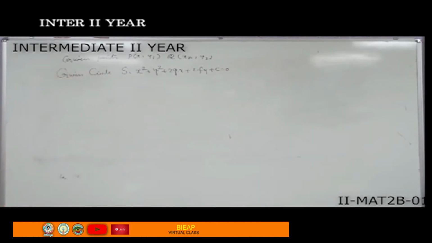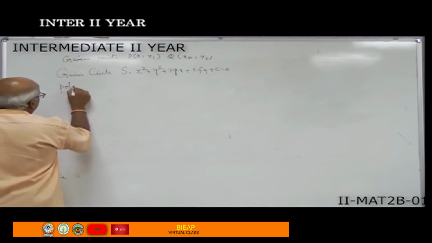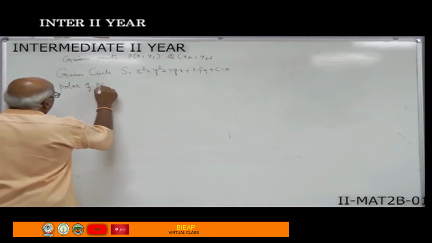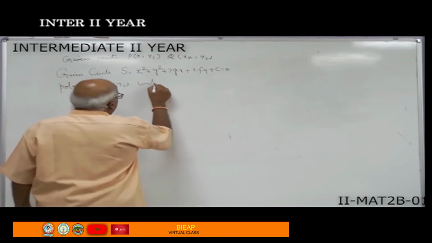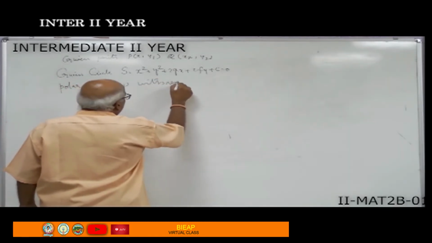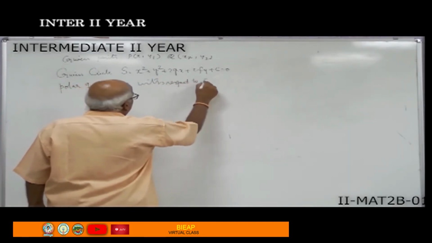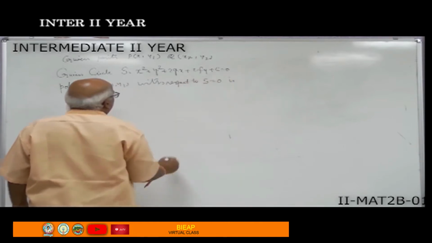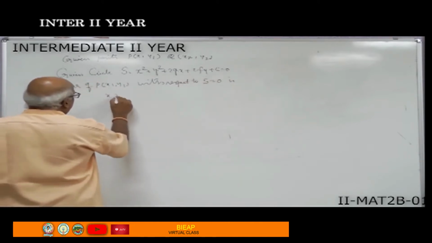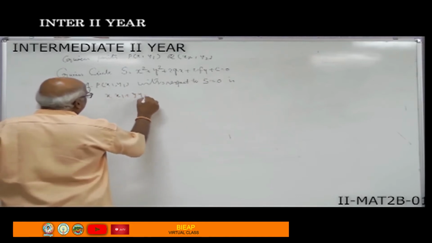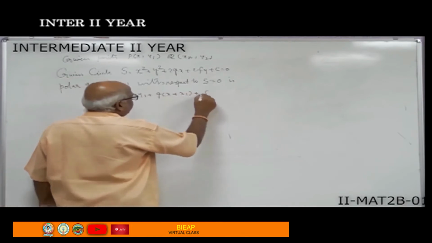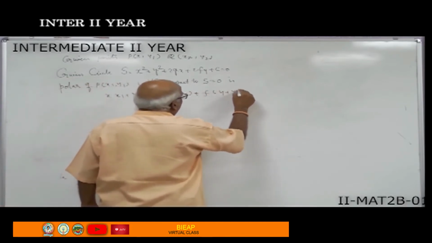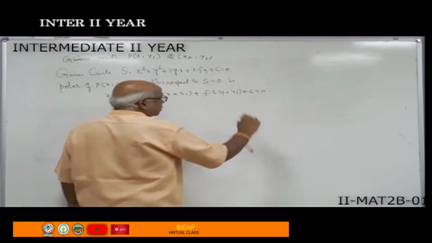Conjugate points condition we are deriving. Let us take up the polar of P. Polar of P x1 y1 with respect to S equal to 0 is xx1 plus yy1 plus g into x plus x1 plus f into y plus y1 plus c equal to 0.